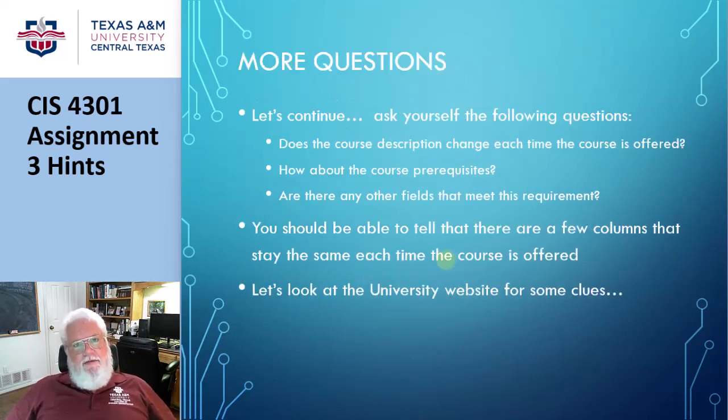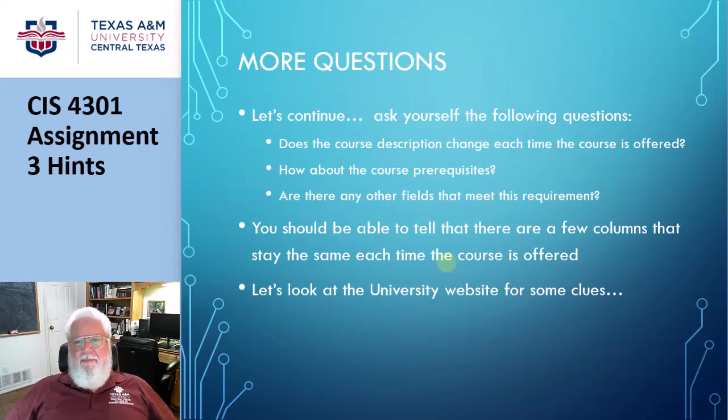Okay, let's continue. There are some things that do not change. So for example, if we offer CIS4301 in the fall and the summer and the spring, does the course description change? Do the prerequisites change? Do the credit hours change?